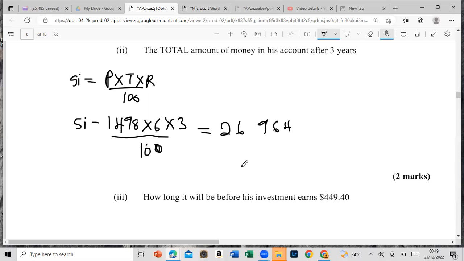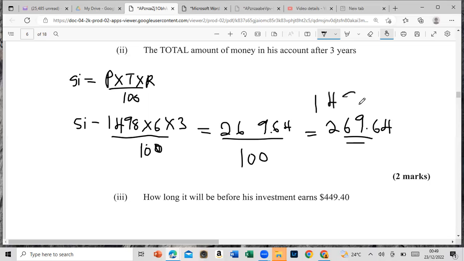Then we divide by 100, so that gives us 269.6. So this is the interest. And now we're going to add the original total to it, which was 1,498. So this will be the amount in his account.